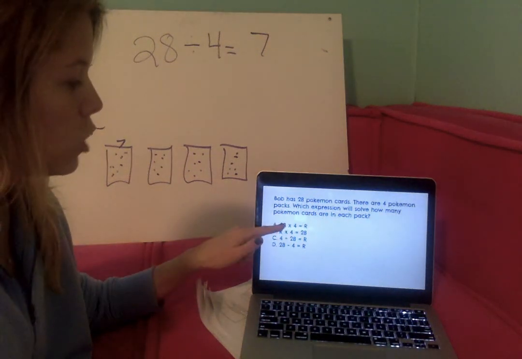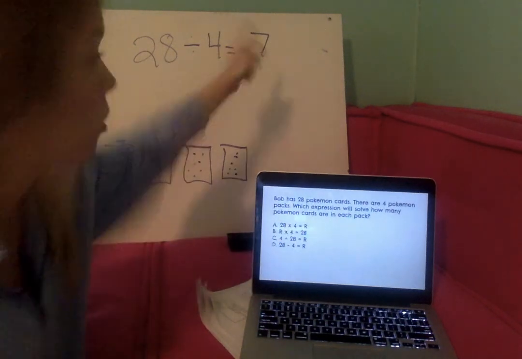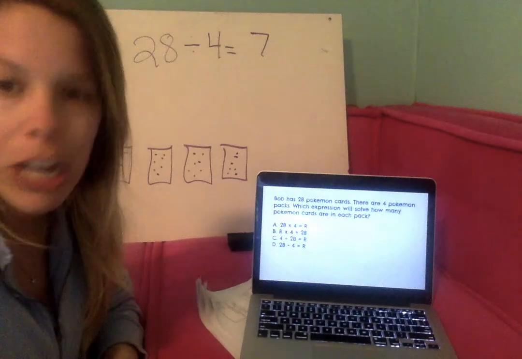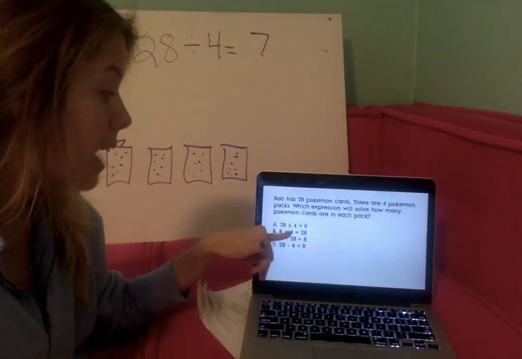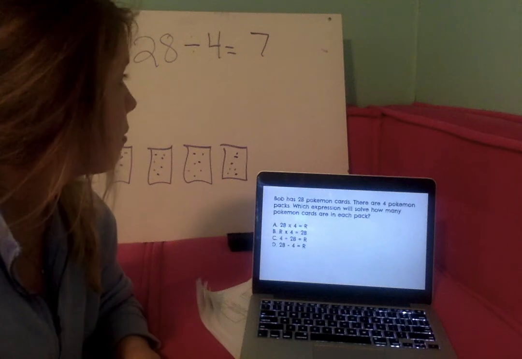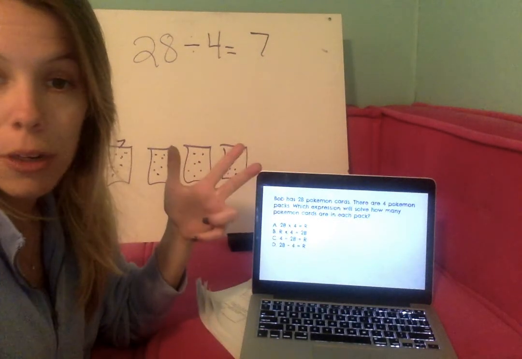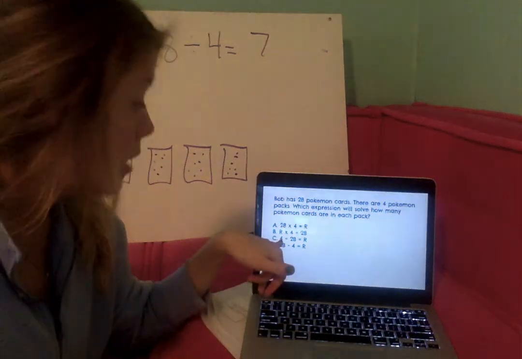A. 28 times 4 equals R, and we know that R stands for 7 now. So 28 times 4 equals 7? No way. That's a bigger number. 7 times 4 equals 28. 7, 14, 21, 28. Thinking dot.